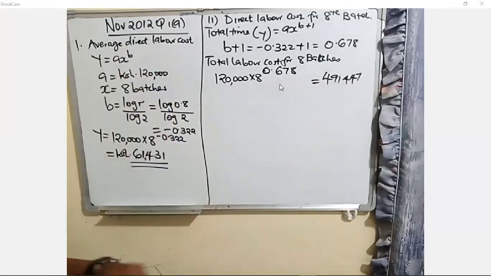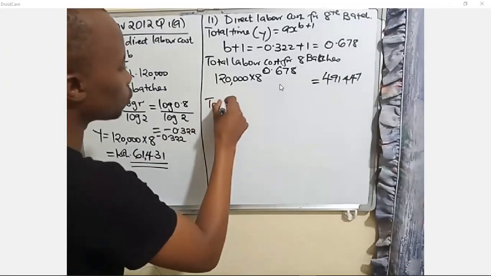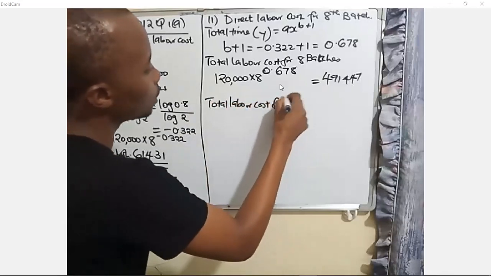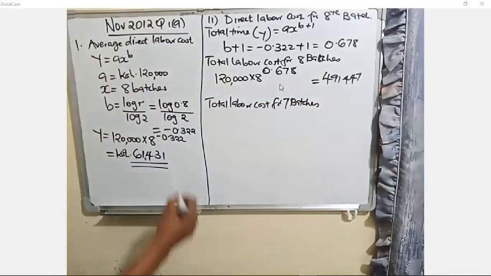To get the 8th batch, I have to subtract the total labor cost for 7 batches. Let us do for 7 batches.